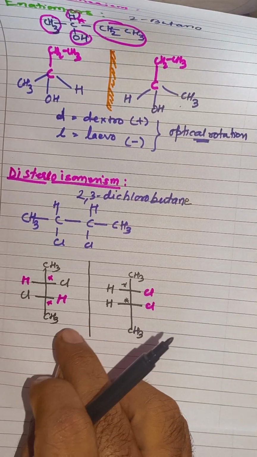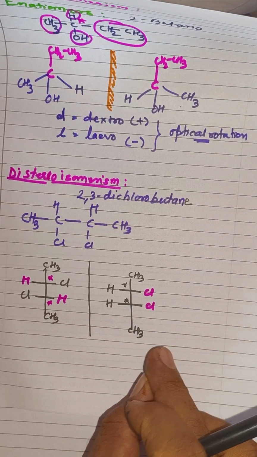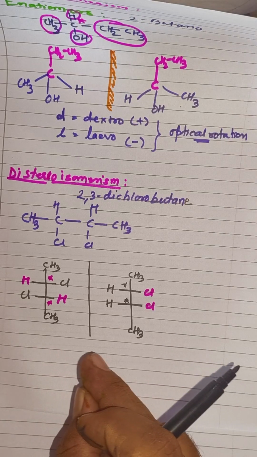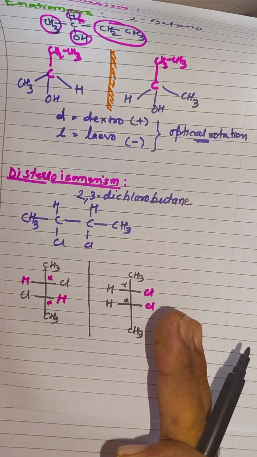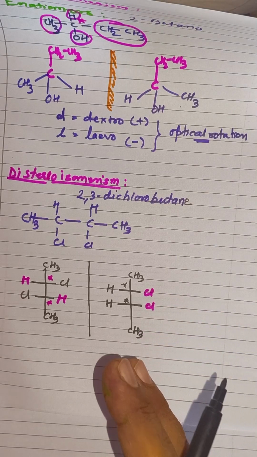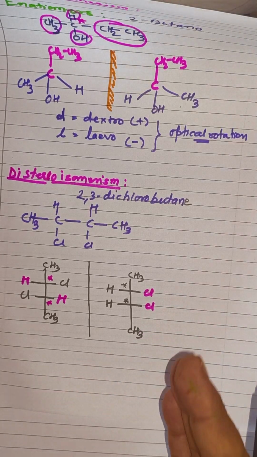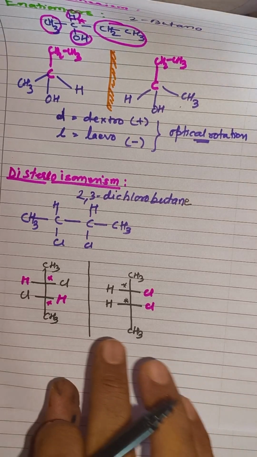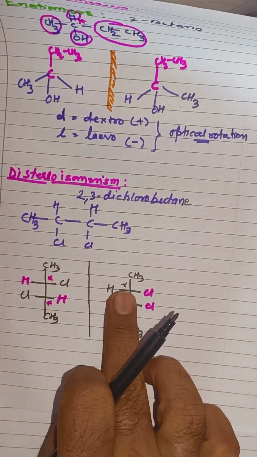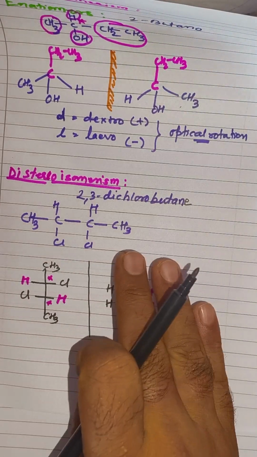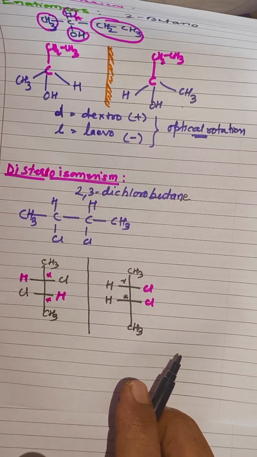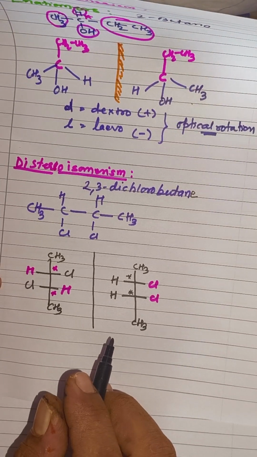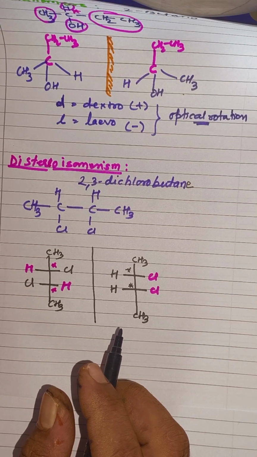It means they have the same molecular formula, and the sequence of bonded elements is also the same, but they are non-superimposable as an object, and they are not mirror images of each other. So you can see this is not a mirror image of this, nor are they superimposable, and that's why they are called diastereoisomers. It means their properties are again different.